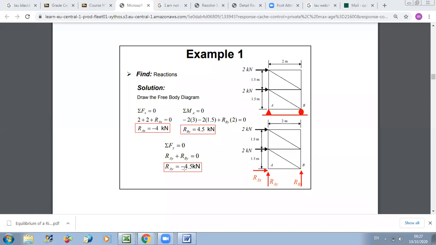This means that in reality it is downward. For RAX also, I chose the wrong direction, because RAX will be directed towards the left. So you can keep it here like it is, but you say it is equal to a negative value. Any question on this problem?